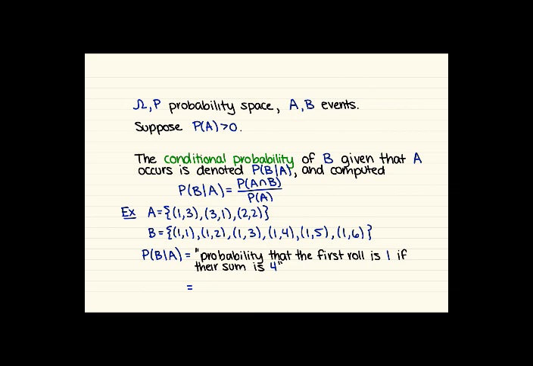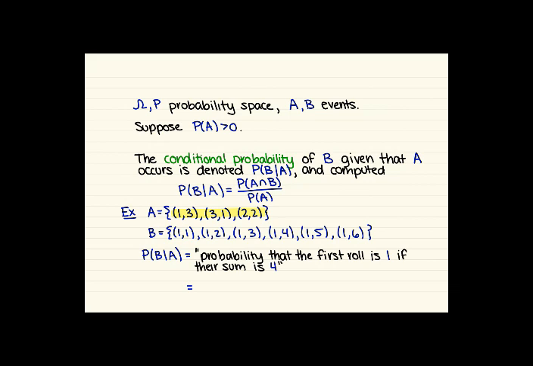Sometimes you can figure this out without using this formula. We know that A happens, so we know one of these outcomes is happening, and inside of there, what's the probability that the first roll is 1? Since these are all equally likely, we can work out that it's going to be 1/3. But in general, it might not be possible to reason that out in all cases.